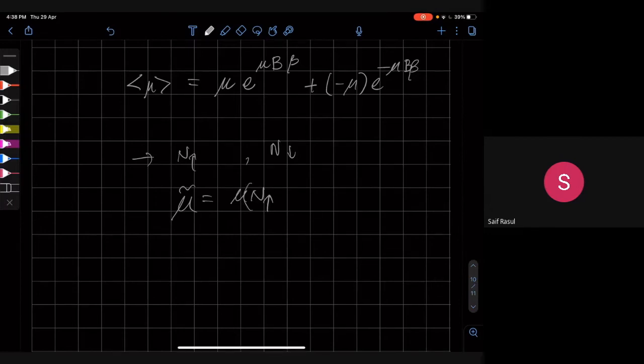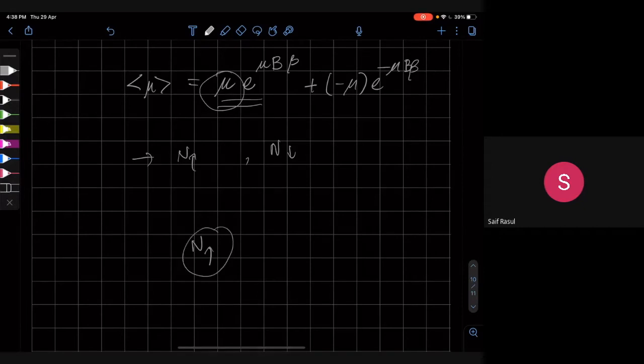What I'm trying to say is that for the total moment, you can relate this to n up, and you can relate this to n down, right?